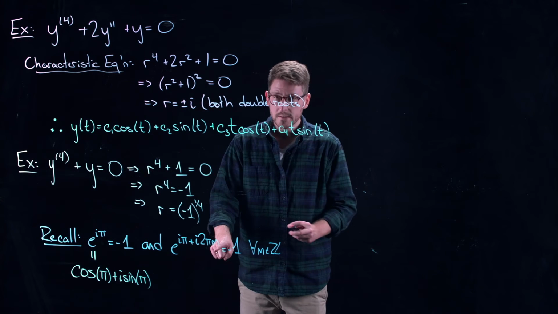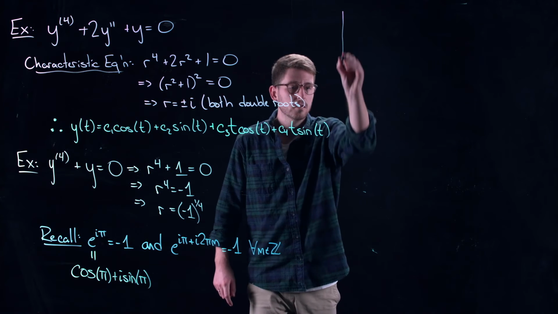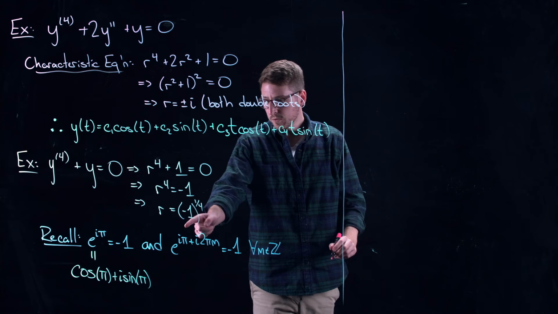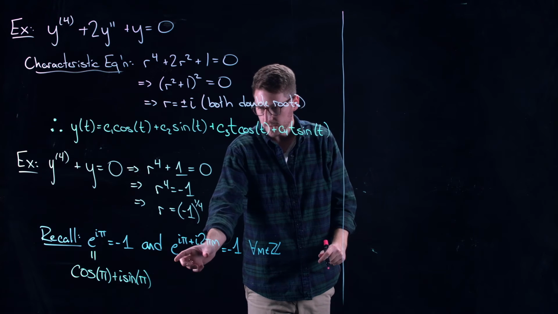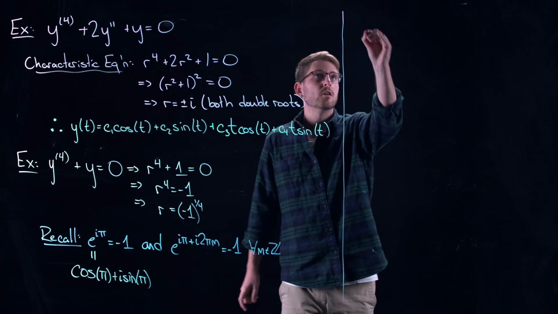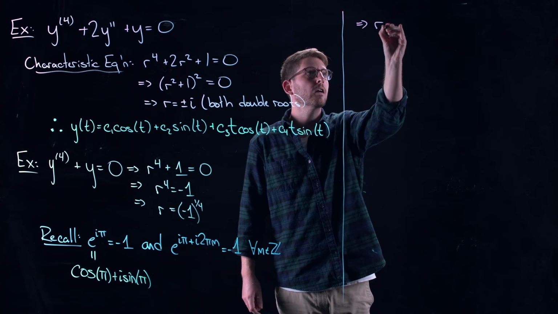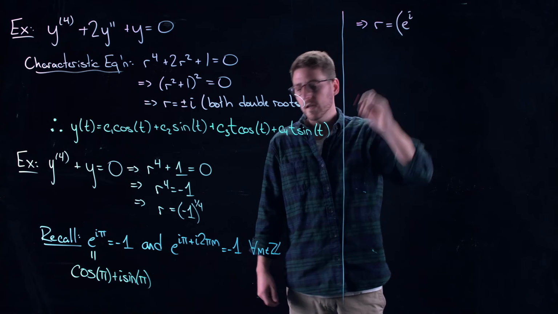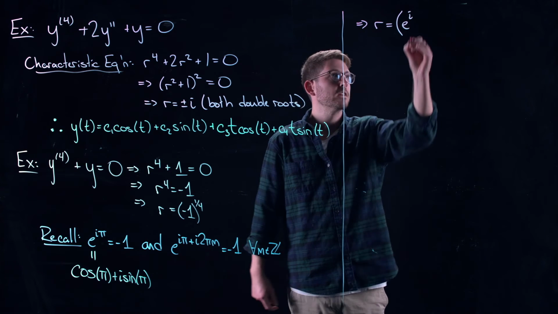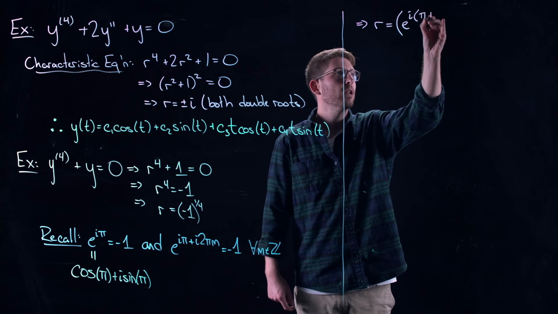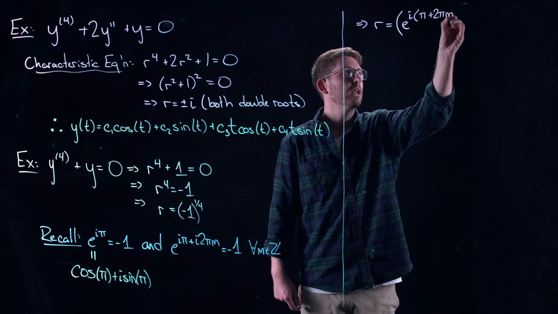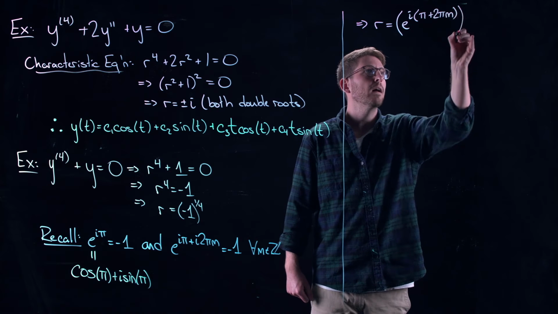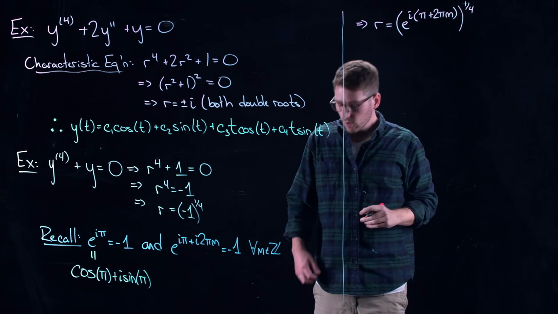Okay, so how does this help us? Well, let's put this in for the minus 1 here. So I get r is equal to e to the i, and now let's factor all of this together, pi plus 2 pi m. Now this works for every single value of m, and then to the 1/4.